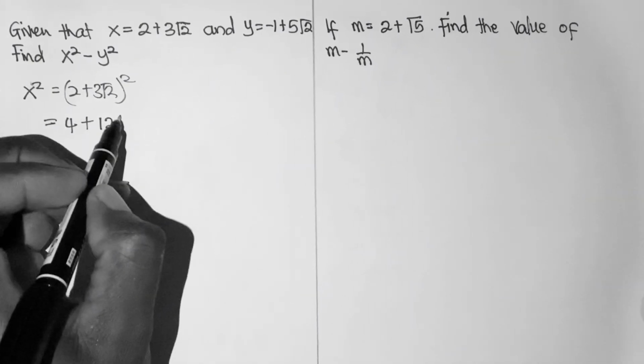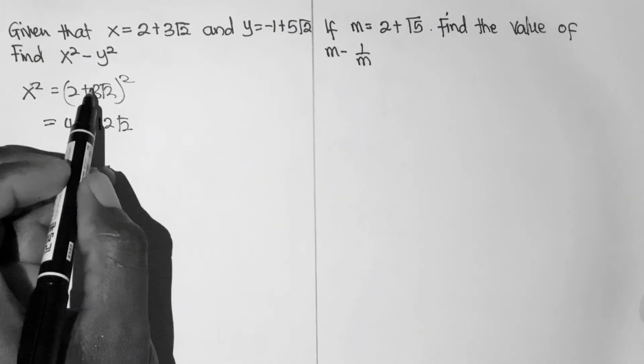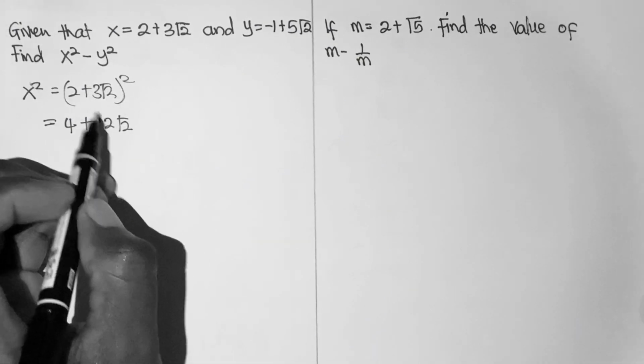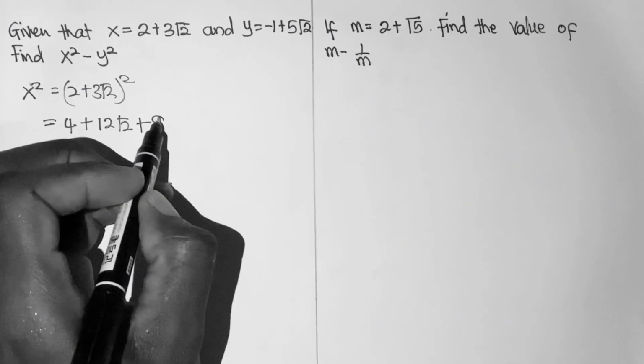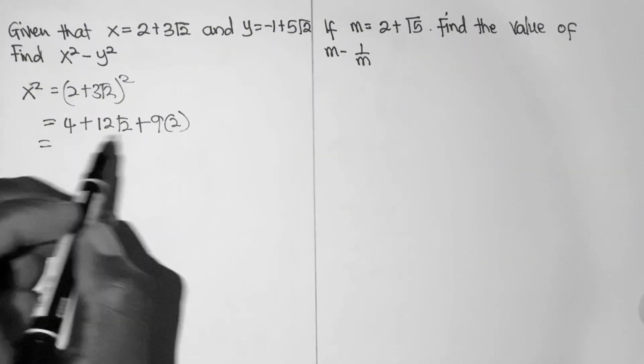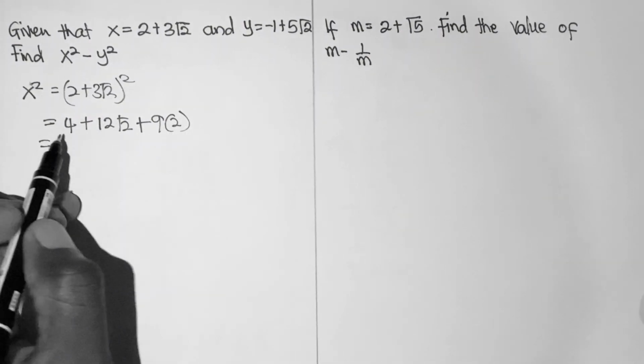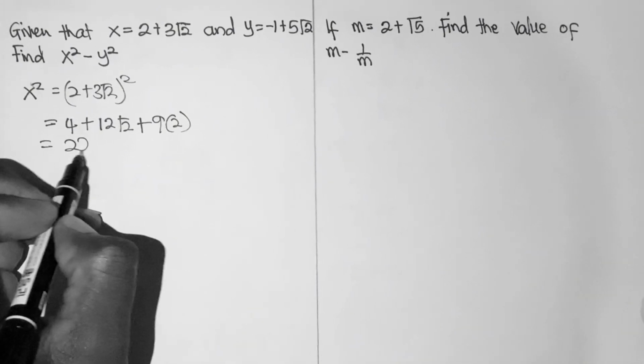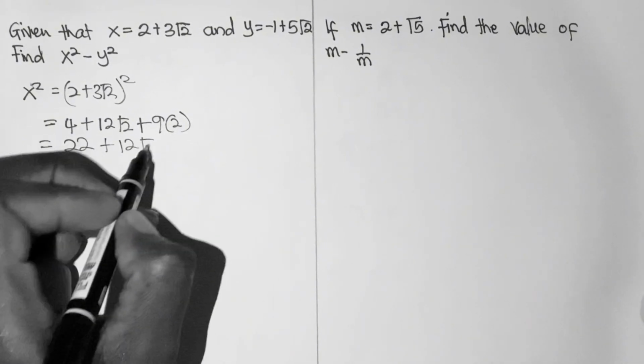So this becomes 12 root 2. Then 3 root 2 squared: 3 squared is 9, then root 2 squared is 2, so 9 times 2 is 18. 18 plus 4 is 22. So here is 22 plus 12 root 2.